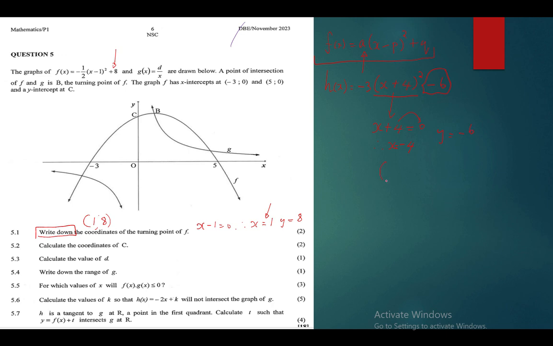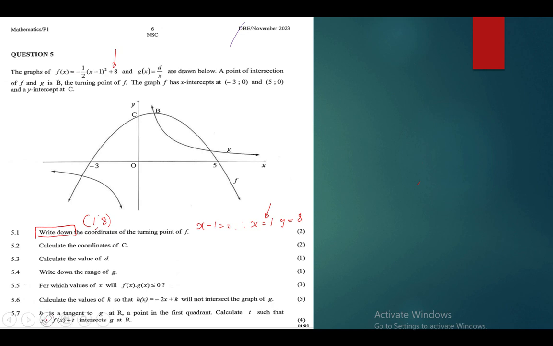So the coordinates of the turning point of h of x are minus 4 and minus 6. So it's easy to write down the coordinates of the turning point if your function is given in this form, f of x equals a times (x minus p) squared plus q. Yes, so it was easy to write down the coordinates of the turning point, which is 1 and 8.